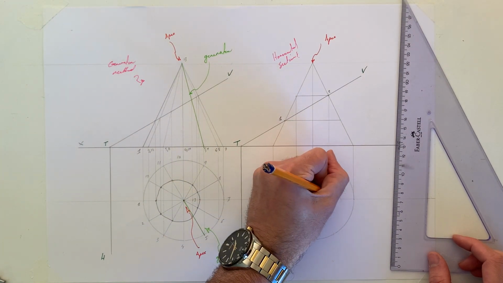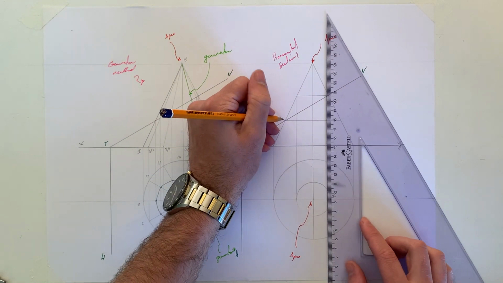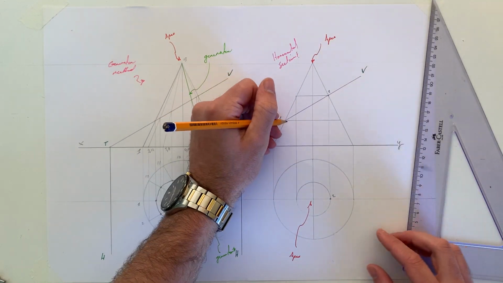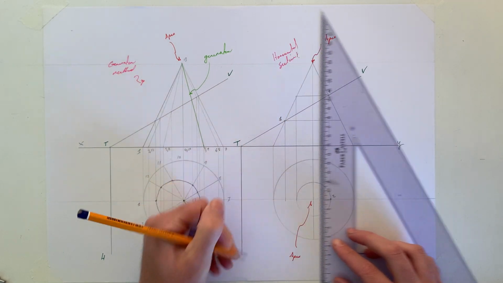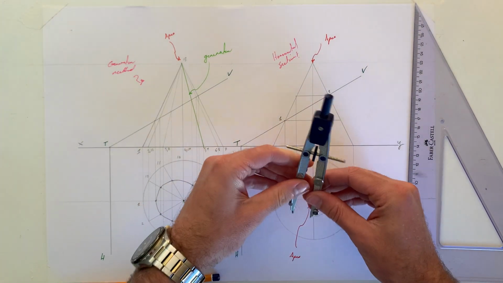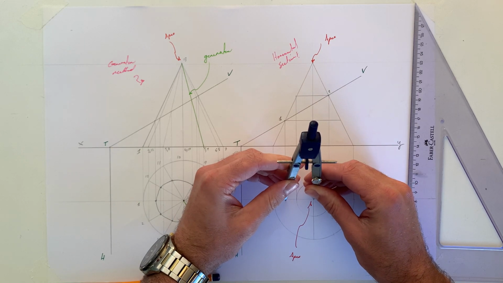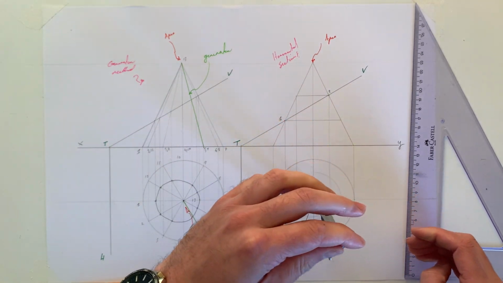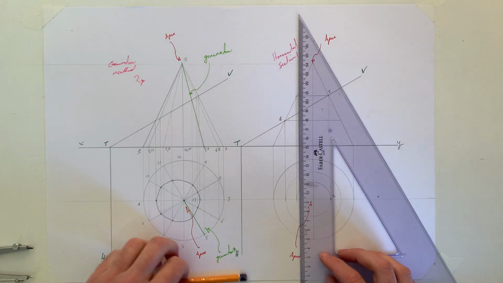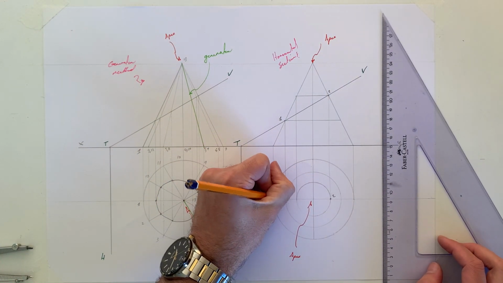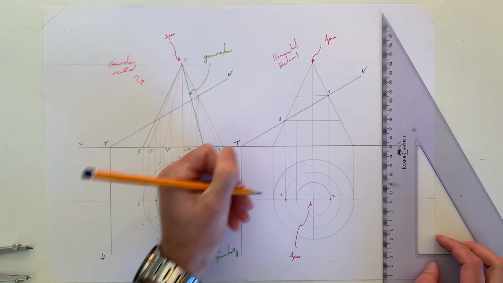So that will be 2, and then we'll have 1 intersects, so we'll have to bring down that circle as well. Where 1 drops straight down to the same point here, so we can call that 1.